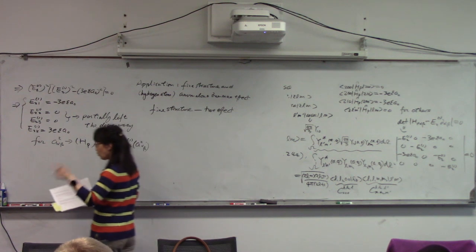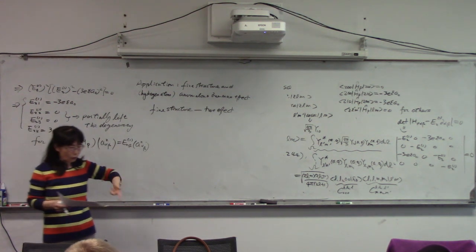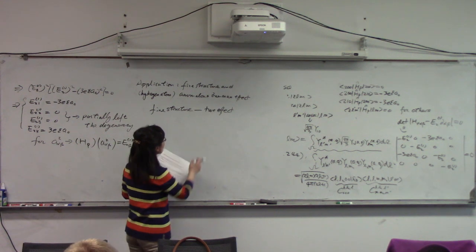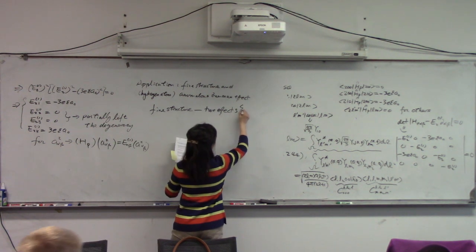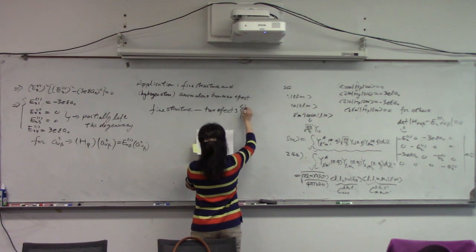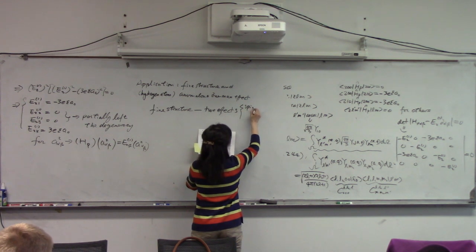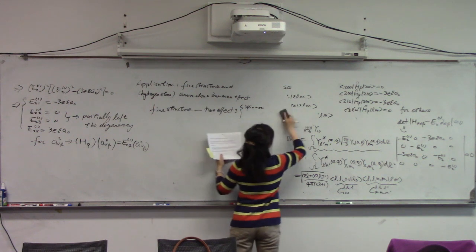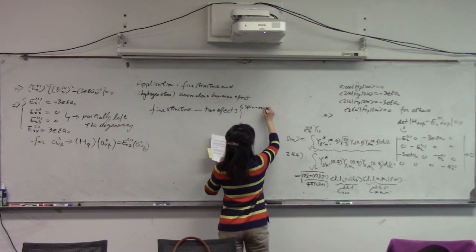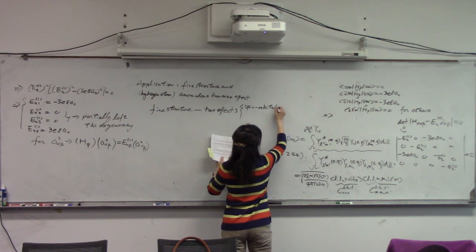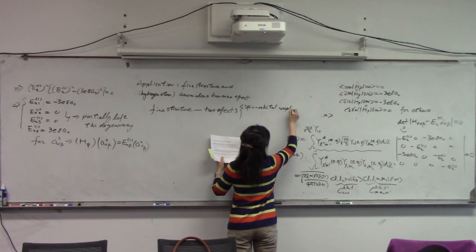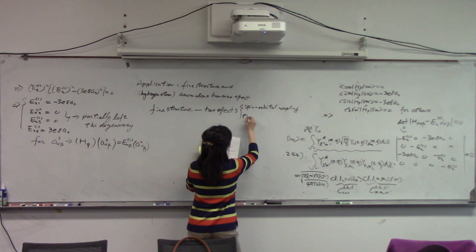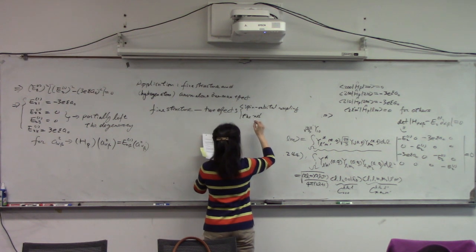Now we are going to do the so-called spin-orbit coupling and also the relativistic correction to the kinetic energy term. So two effects. One is spin-orbit coupling. Another is the relativistic correction.